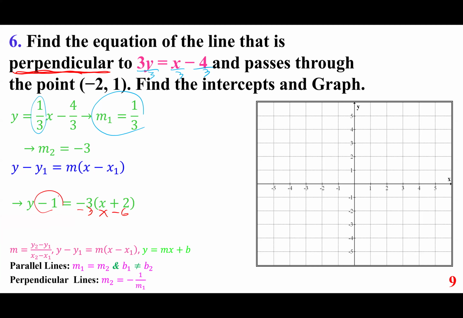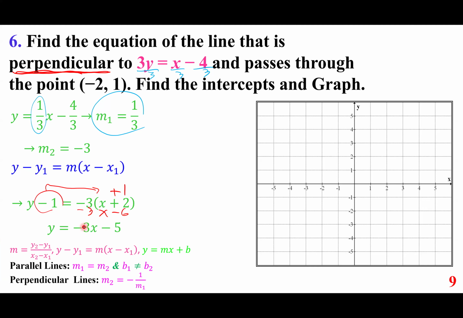So negative 3x minus 6, we move the negative 1, we add it as positive 1. So the equation becomes y equals negative 3x minus 5, and clearly negative 5 is the y-intercept, more specifically 0, negative 5.